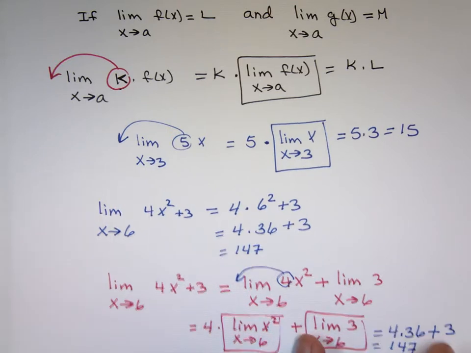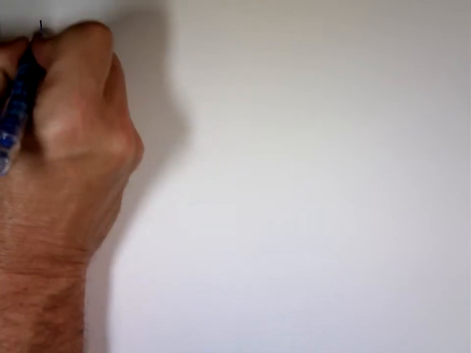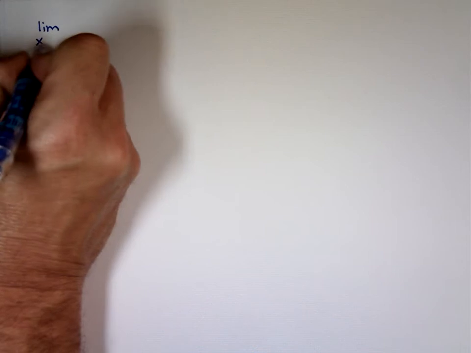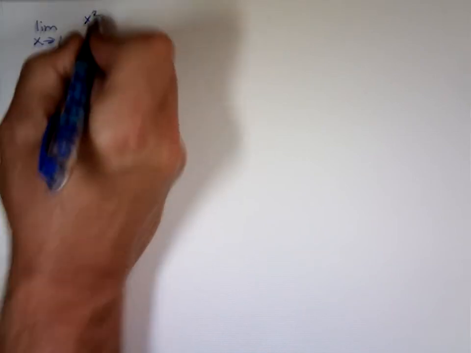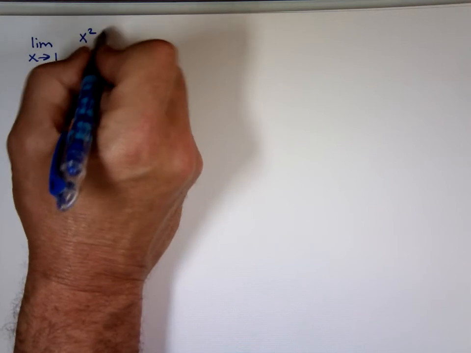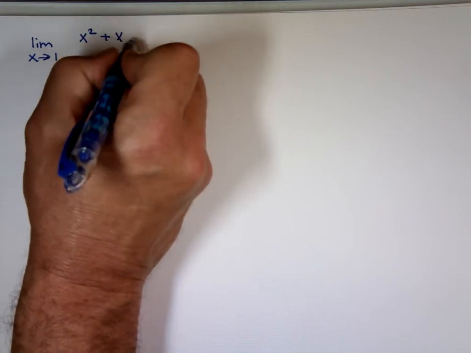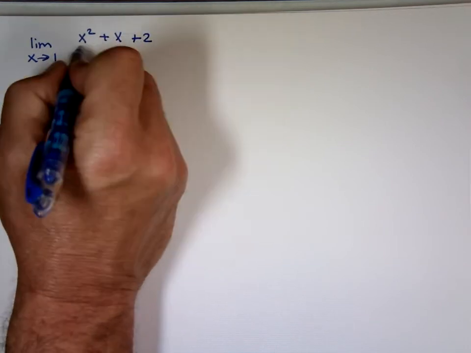So if I give you this problem, I'll make things up here. The limit as x approaches 1 of x squared plus x plus 2 over x plus 1.